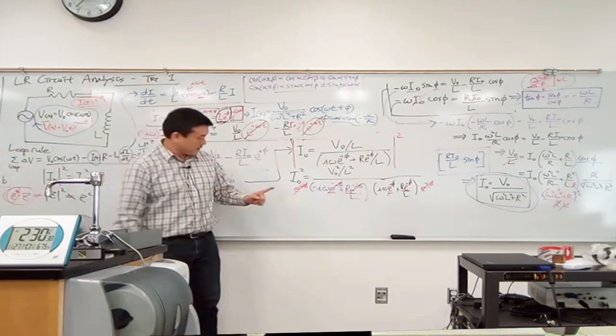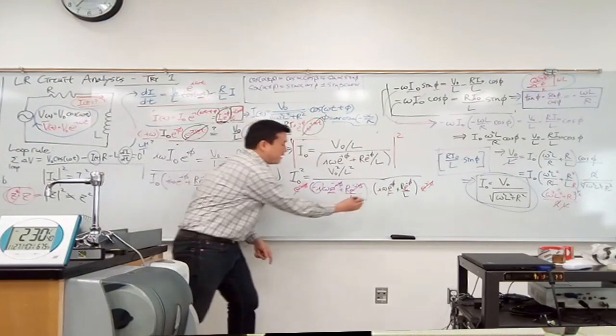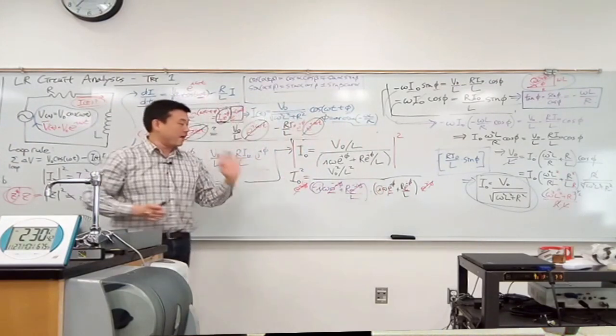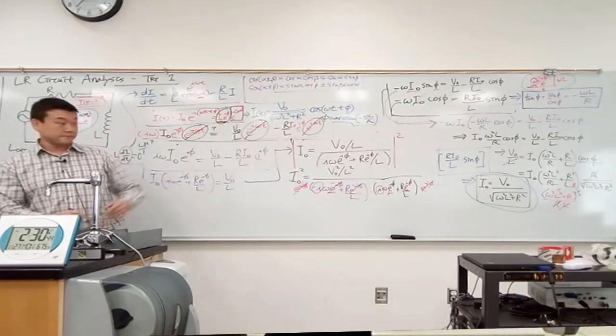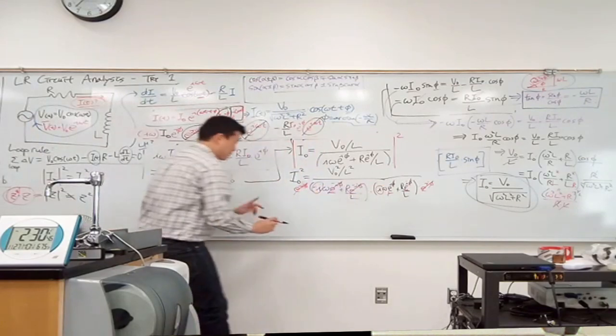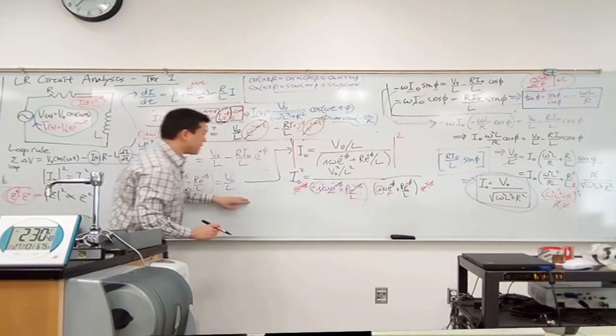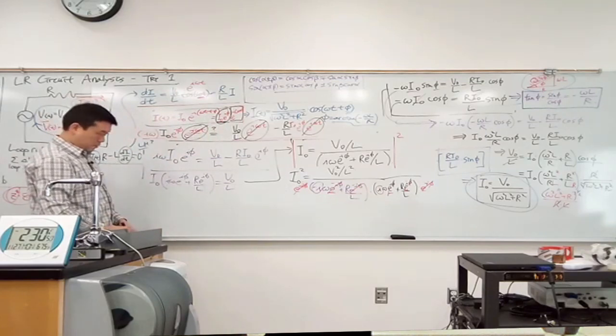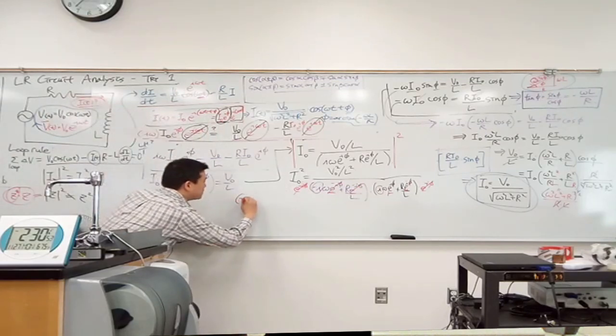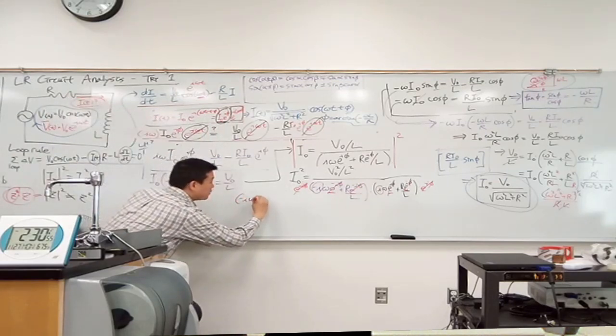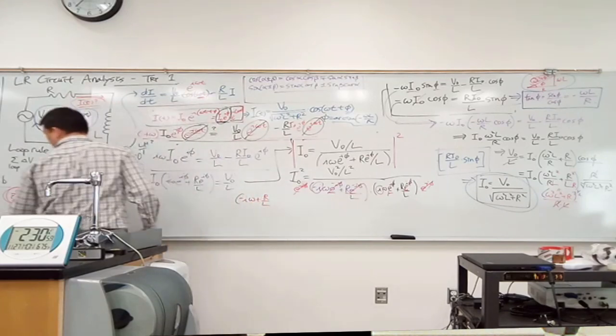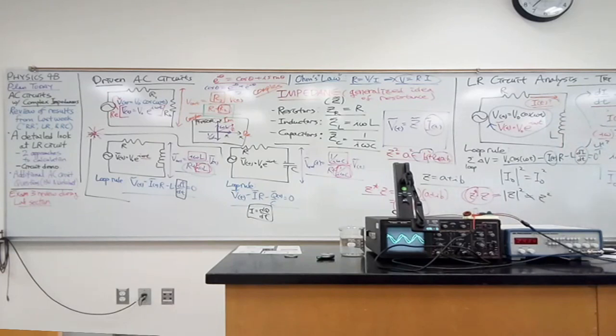Now, what I'm hoping is that this minus i and i will get rid of each other as I go through the algebra. So let me do the denominator separately here. What I have is minus i omega plus R over L. Actually, let me write it the same way I wrote it here, then I can save some math.